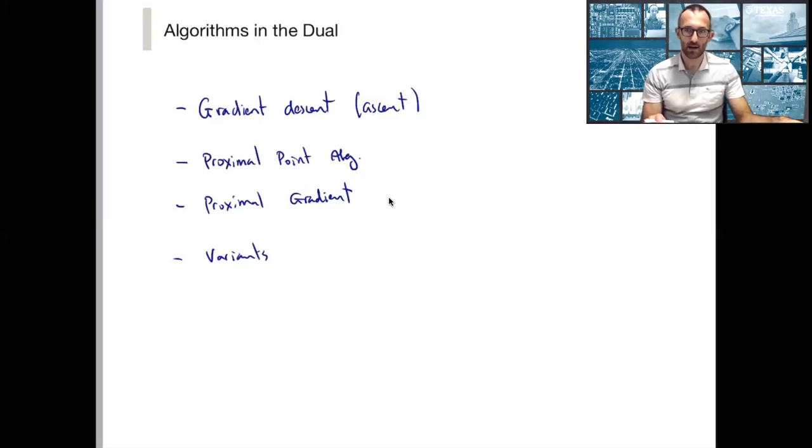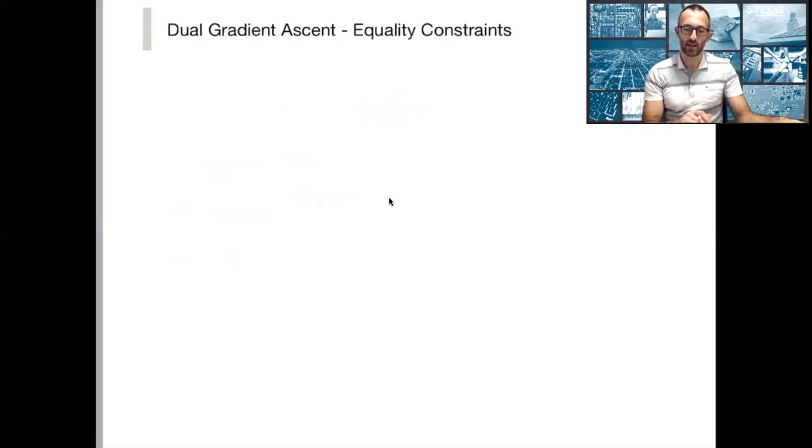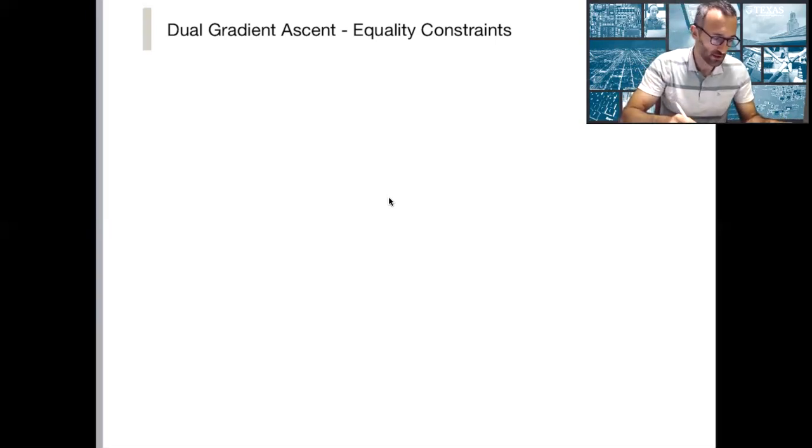So let's have our first look at that right now and see what dual gradient ascent looks like. And let's specialize our formulation to a setting where we have equality constraints. So just an example, we'll see various versions of the general primal and dual problems in this series.